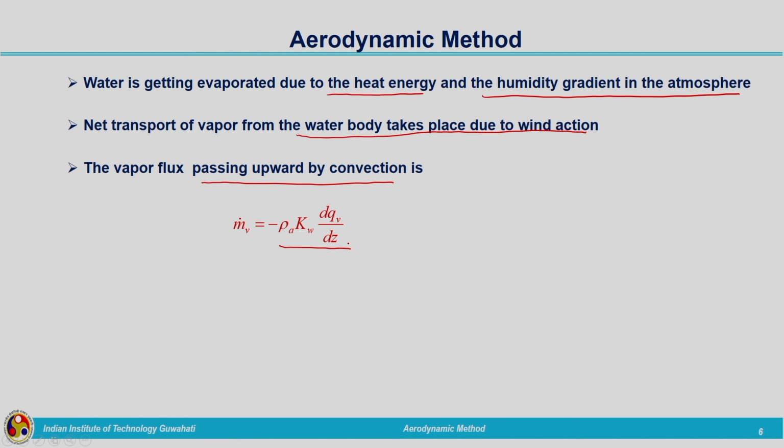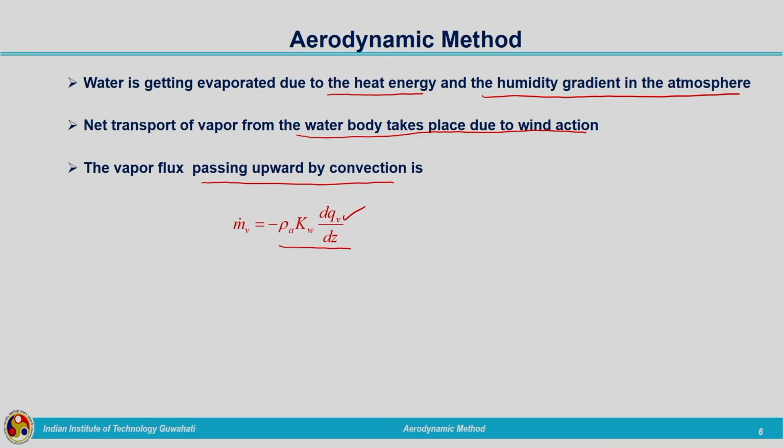What we have written in the previous slide, mv dot is directly proportional to dqv by dz. Vapor flux, or the mass transport, is directly proportional to humidity gradient, and that proportionality is removed by means of the constant. So, the expression has changed the form.